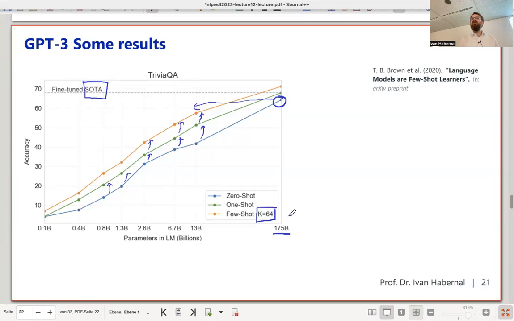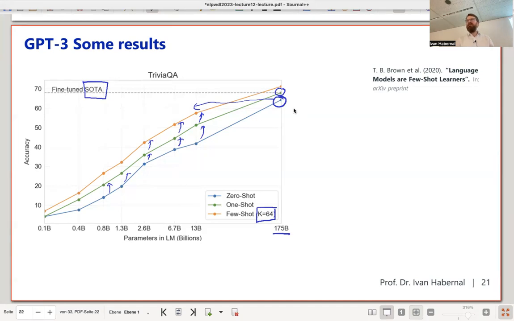It will do zero shot. It's not as good as fine-tuned state of the art, but fine-tuned state of the art means you train your model and your parameters, which means you need the hardware and the labeled training data and so on. But here, if you just pre-train your GPT on the internet with language modeling and make it bigger, it will just work out of the box.